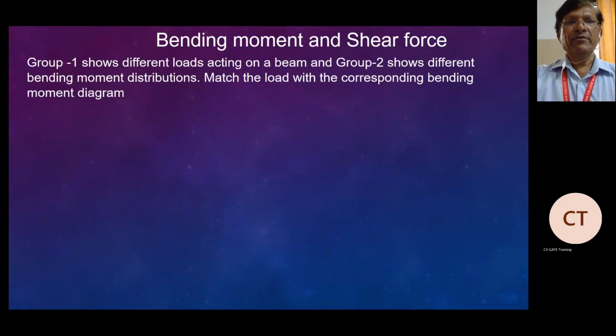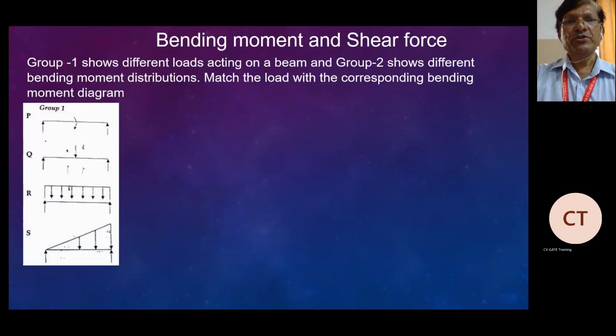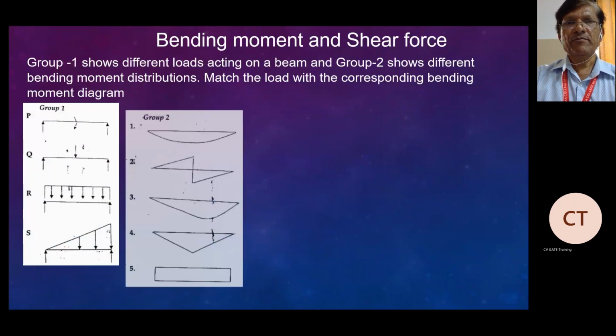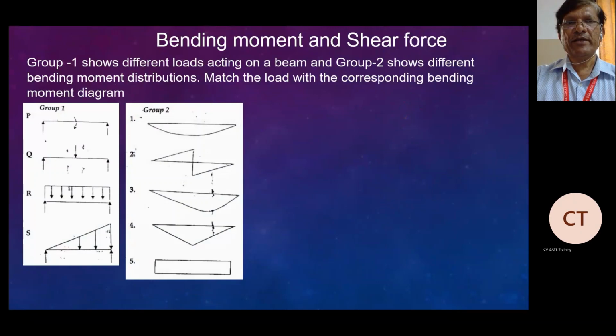Okay, we'll see the other one. Group 1 shows the different loads acting on the beam, and group 2 shows the different bending moment distributions. So match the load with the corresponding bending moment diagram. We have to match each one. Here it is only a concentrated load at the middle point.